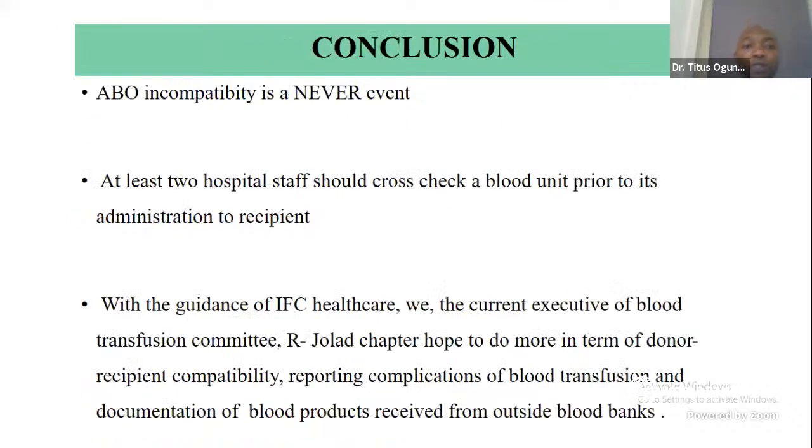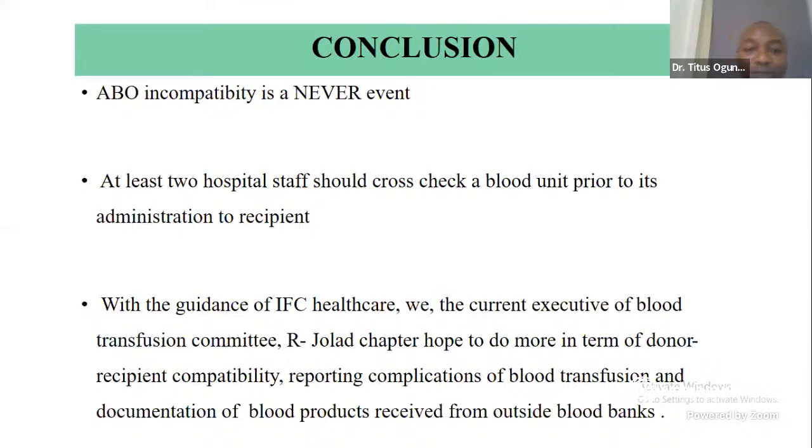So in conclusion, it is important for us to know that ABO incompatibility is a never event because it can lead to the demise of the patient. As such, at least 2 hospital staff should cross-check a blood unit before its administration to recipients.